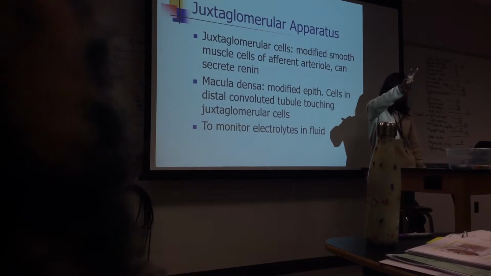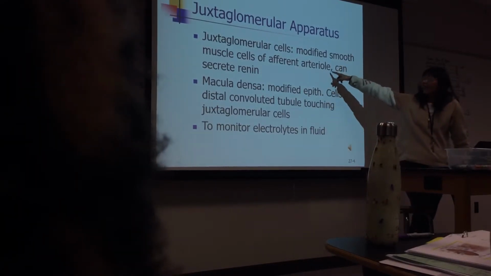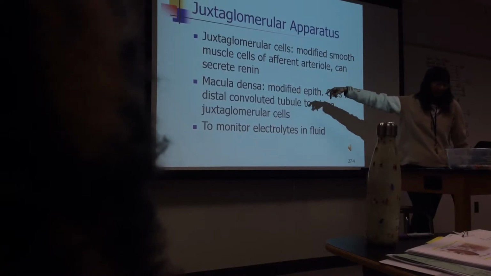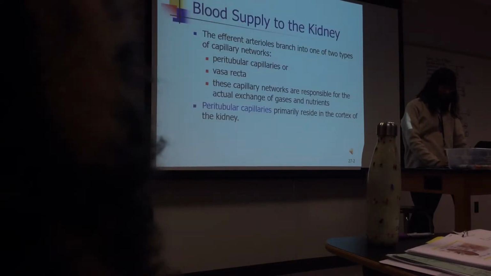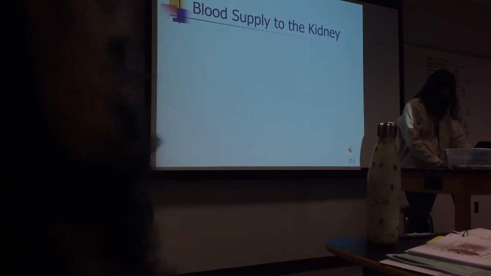Okay? So what's the juxtaglomerular apparatus? Comprised of two things. The wall of the afferent arteriole and, go back to this picture. Right here.